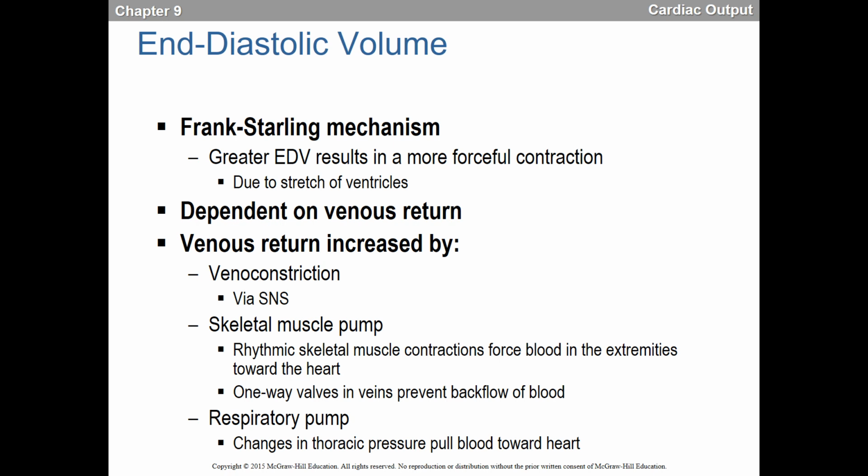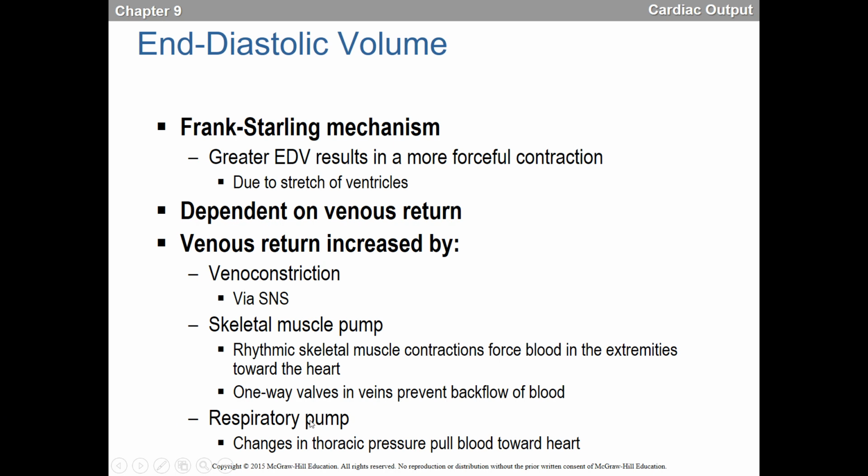Things go down a gradient. So if we have high pressure around a muscle and lower pressure away from a muscle, then blood will flow toward the lower pressure area more quickly. And within our veins, there are one-way valves which prevent backflow, more or less. So the harder the muscles are contracting, the greater the venous return.